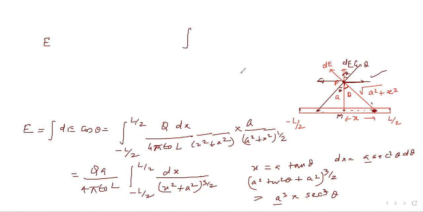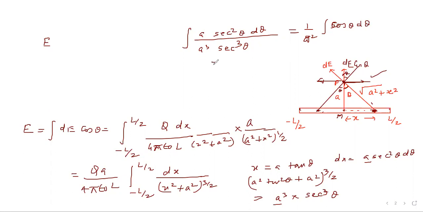We get 1 upon a square integration of a sec square theta d theta divided by a cube sec cube theta, so 1 upon sec theta will be left, which is cos theta d theta. The integration of cos theta is sin theta, so we get 1 upon a square sin theta.